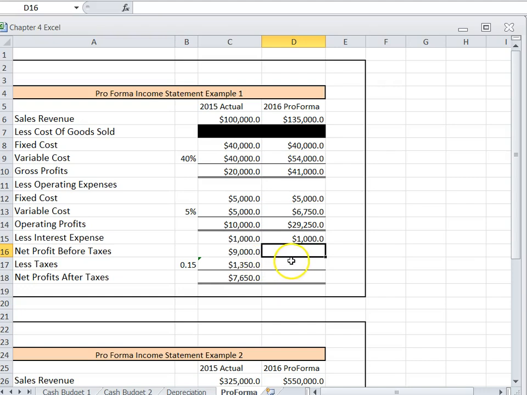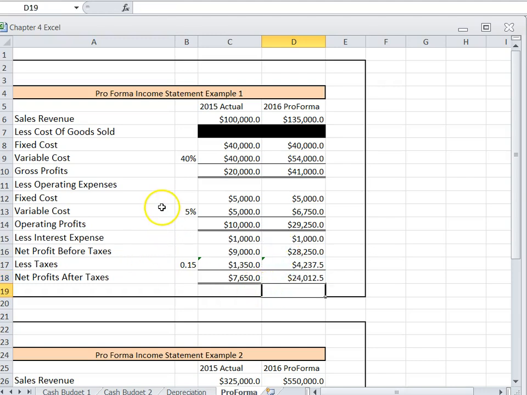Net profit before tax, we take our operating profits minus our interest, and that's our net profits before tax. And less our taxes are 15% of our profits. Okay. And then our net profits after tax are going to be our net profits before tax minus our taxes.